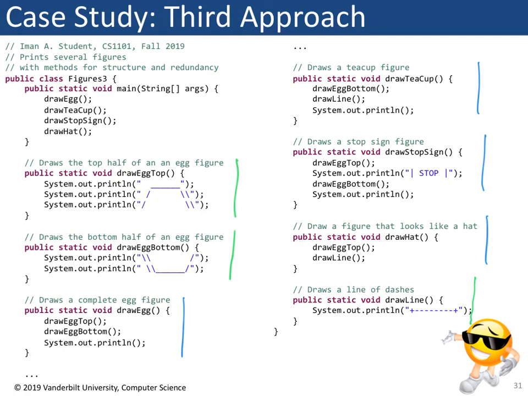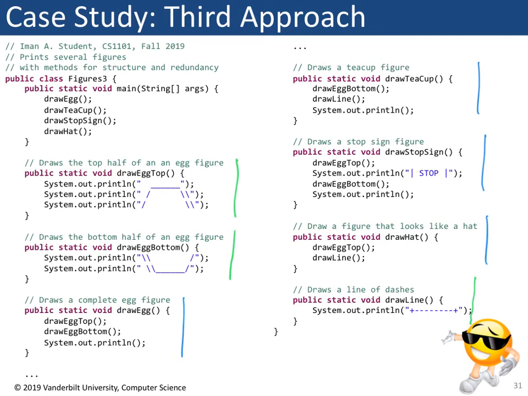So we could almost think of the methods here which have green lines by them as being almost the shape primitives, and the blue lines are the methods which generate the shapes from the shape primitives, and then our main is going to actually cause the order of the shapes.